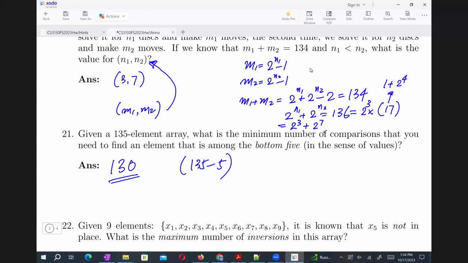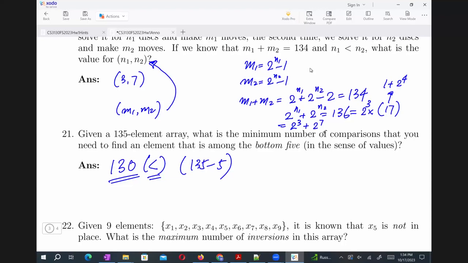And we know there is one element greater than these 130, the current minimum. The current minimum may not be the overall minimum.